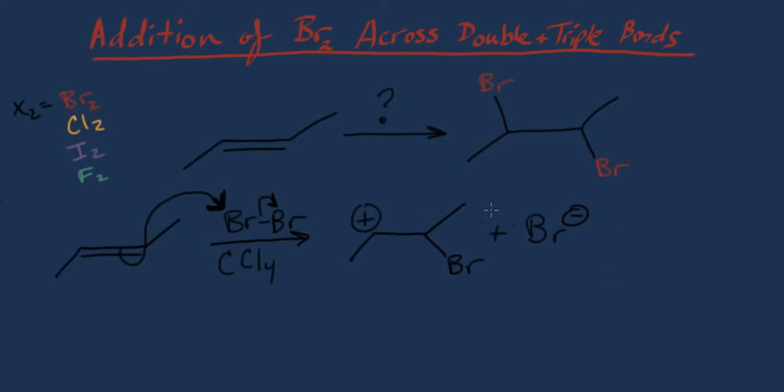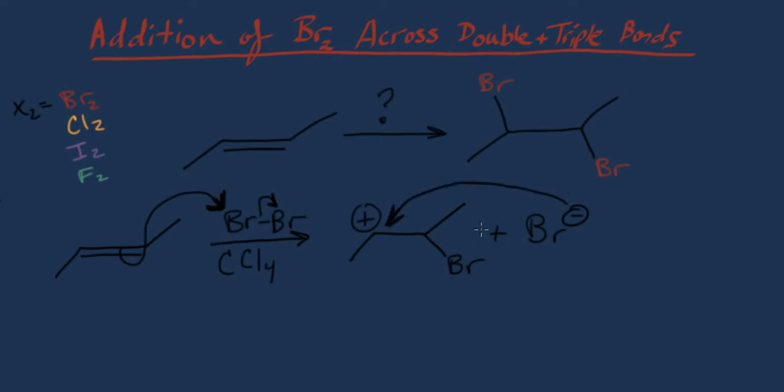Now the catch here is that there's a correct way to add our bromide ion. We could maybe add it this way and get the syn addition, but in truth we'll see the anti-addition.